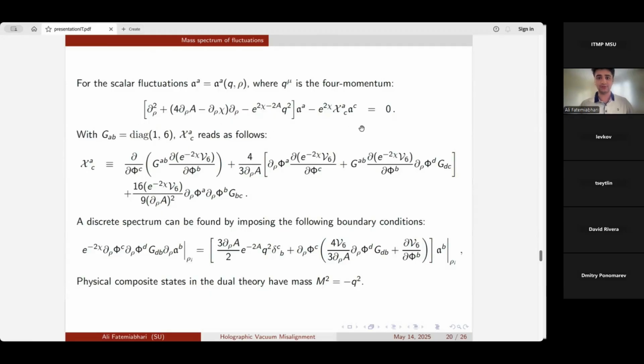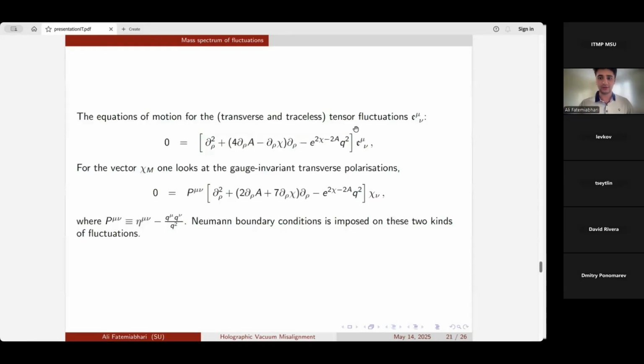Basically our job will be solving these equations to find a discrete mass spectrum if there is a mass gap. This is for the scalars. For the transverse traceless part of the metric we have another equation, and for the transverse polarizations of the vector coming from the metric we have yet another. There are similar equations for all other degrees of freedom too. Our task will be solving these on the specified background with the determined boundary conditions numerically.